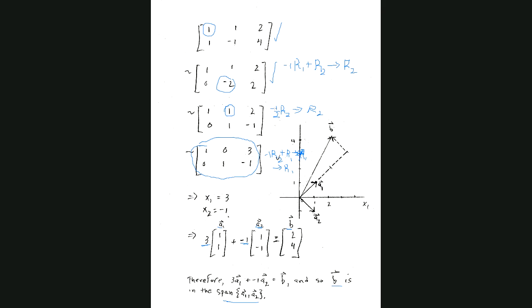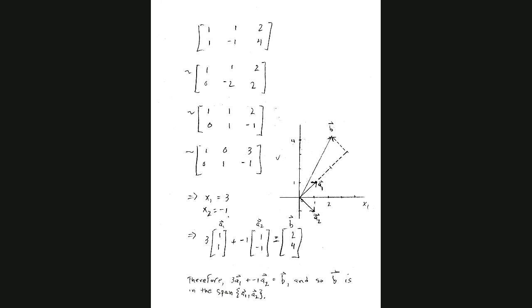interpret this using this picture here. So what I've done is I've drawn the vectors a1 and a2. So a1, remember, a1 was (1, 1).